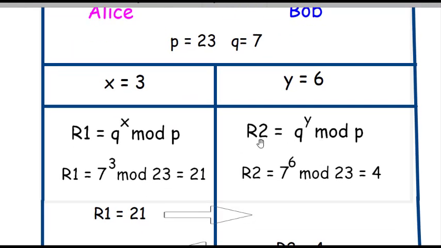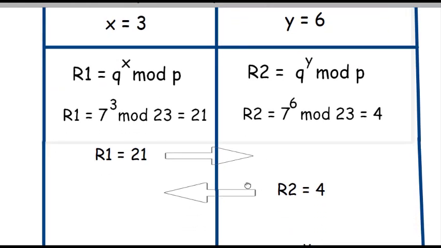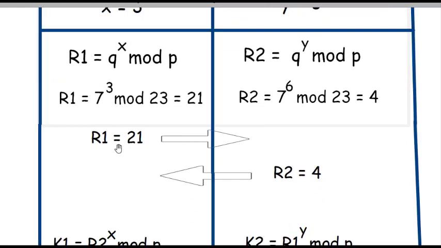Then Bob calculates R2 using the formula Q raised to Y mod P. Q is 7, Y, the private number of Bob, is 6, and mod 23 gives 4. This R1 calculated by Alice is sent to Bob, and Bob, who calculated R2 equal to 4, sends this number to Alice.